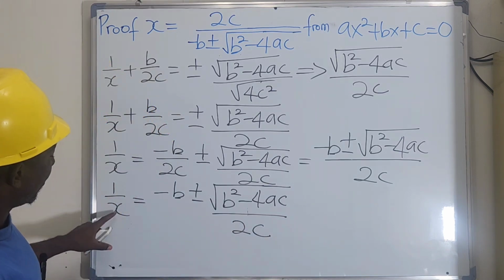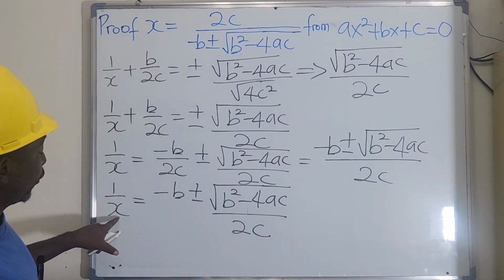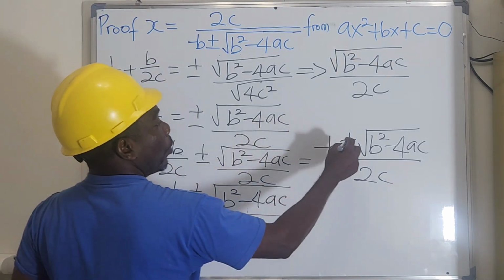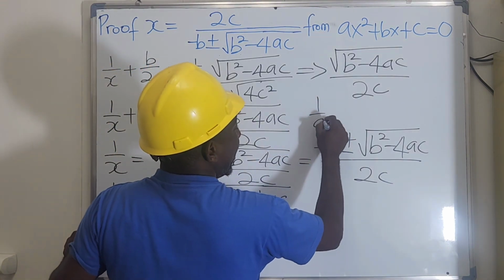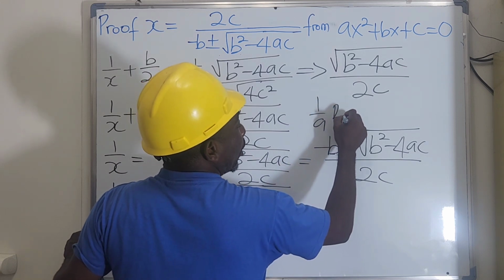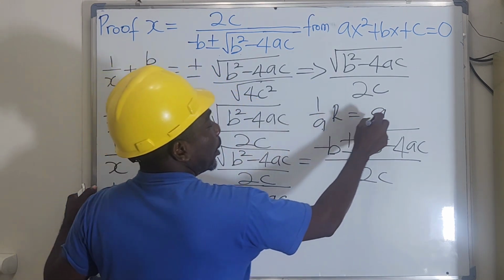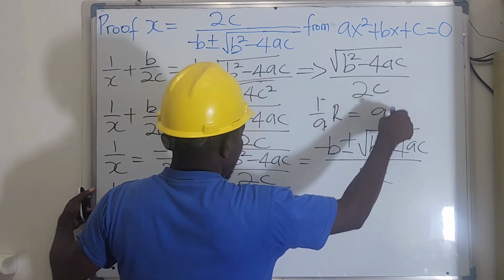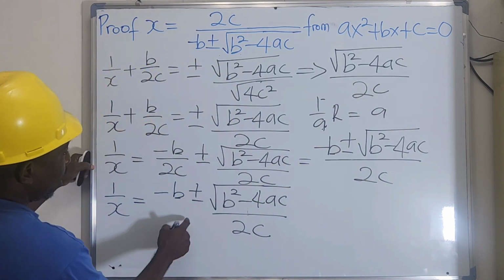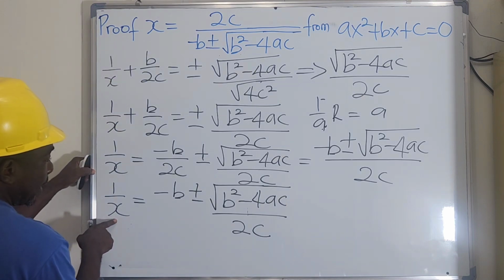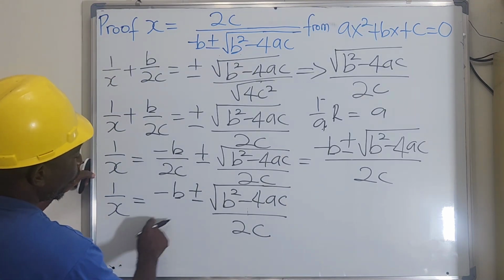Now we have 1 all over x here. For us to find the value of x, let's recall that when we have 1 all over a, the reciprocal of 1 all over a equals to a. It therefore means that we turn this one down and this one will go up. For us to find this x, we can simply cross multiply.